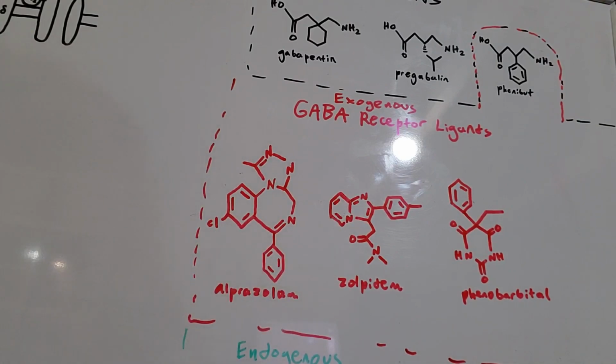And that's because phenibut uniquely has activity at the GABA receptor as well as activity at the gabapentinoid site on the alpha-2 delta receptors. And it acts as an agonist at GABA-B receptors.